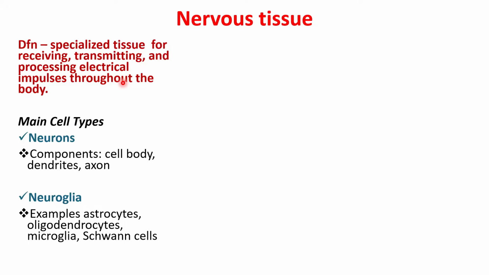The nervous system has various setups, but you classify them broadly into two: neurons and neuroglial cells. Neurons are the ones that transmit. Neuroglial cells are supporting cells for neurons. Neurons do the function of receiving, transmitting, and processing.